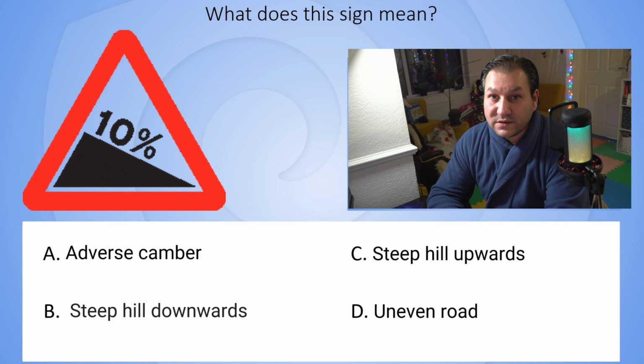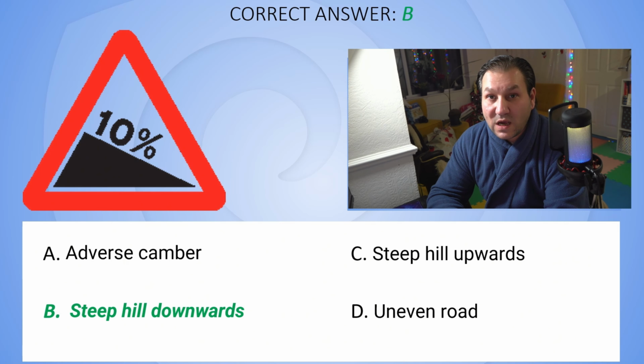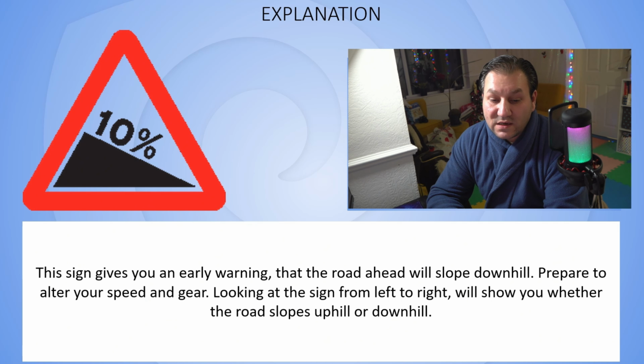The correct answer is B. Steep hill downwards. Explanation. This sign gives you an early warning that the road ahead will slope downhill. Prepare to alter your speed and gear. Looking at the sign from left to right will show you whether the road slopes uphill or downhill.